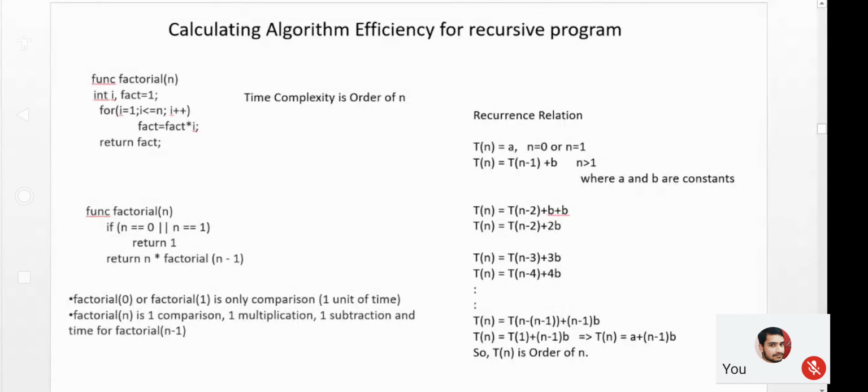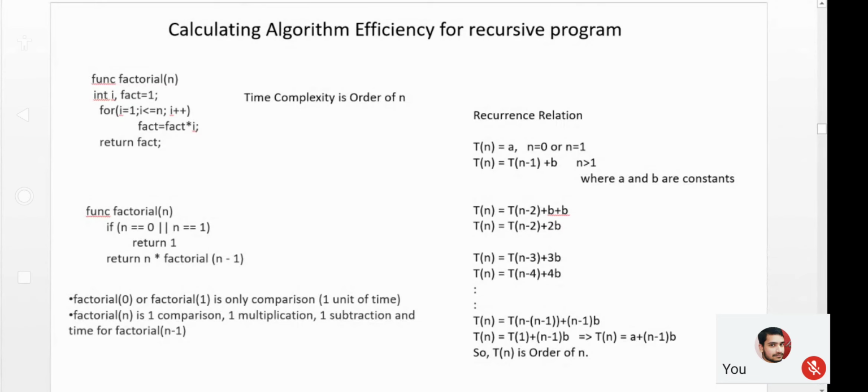Now the next part. In the next part, it basically returns n into fact of n minus 1. For factorial 0 or factorial 1, there is only one comparison, so it takes unit time.